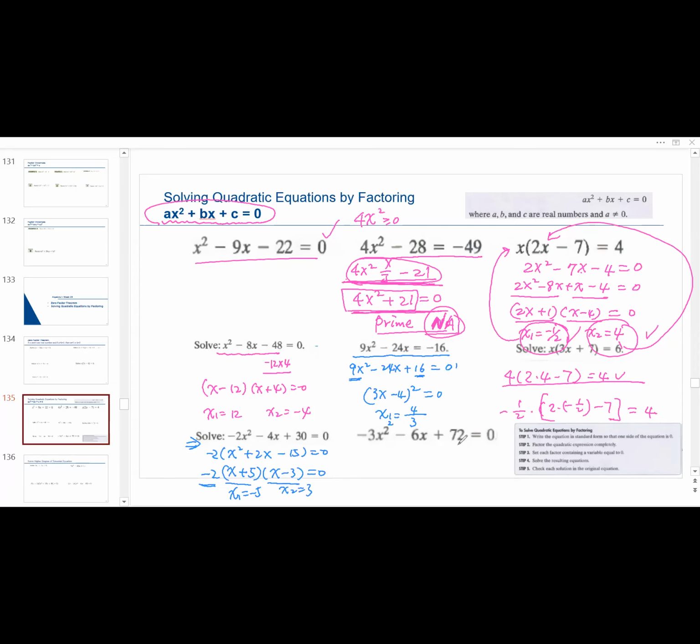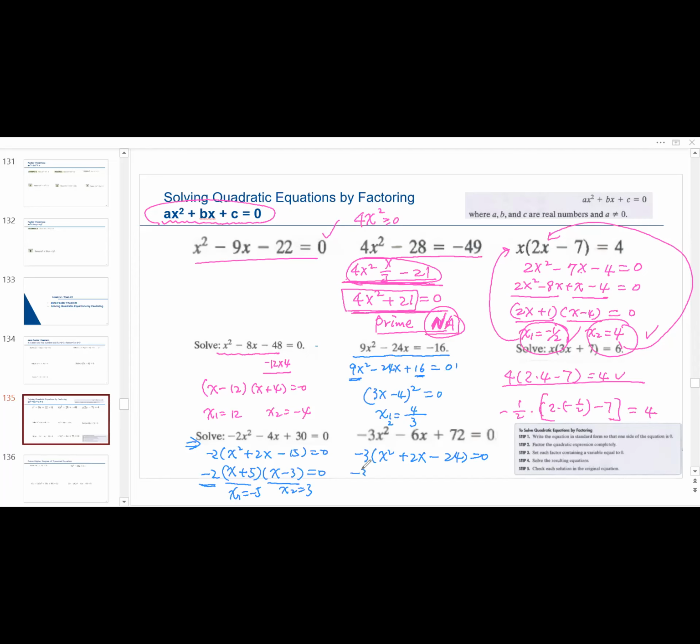What about this one? First step, definitely you need to simplify this kind of expression, right? Like this, take -3 out first, because of -3, -6, 72. At least -3 is the common factor, so we take it out first. The rest is 2x minus 24, right?